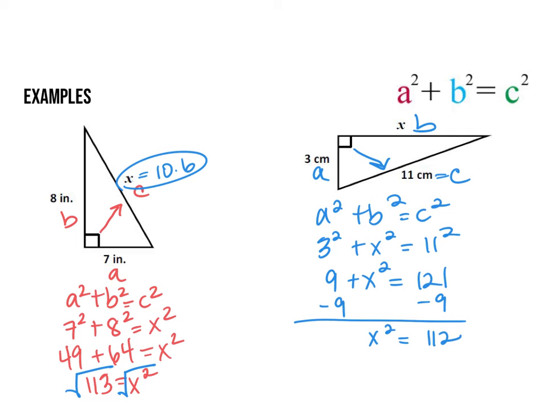And then I'm going to take the square root of 112, because again, I have x squared. To undo that, I need to take the square root. So x equals 10.6. All right, so same formula, a squared plus b squared equals c squared, just a little bit different way of solving depending on what I know and what I'm looking for.